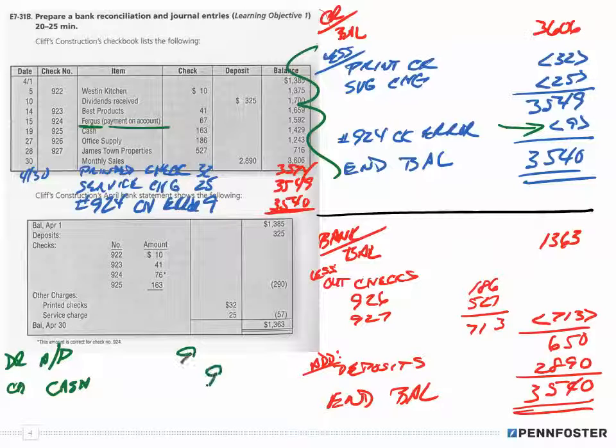That would be in the amount of $9. If I made that journal entry for this transaction right here, then the 67 plus the 9 would be the $76 that was actually cashed at the bank. So that's one journal entry that you're going to have to make.